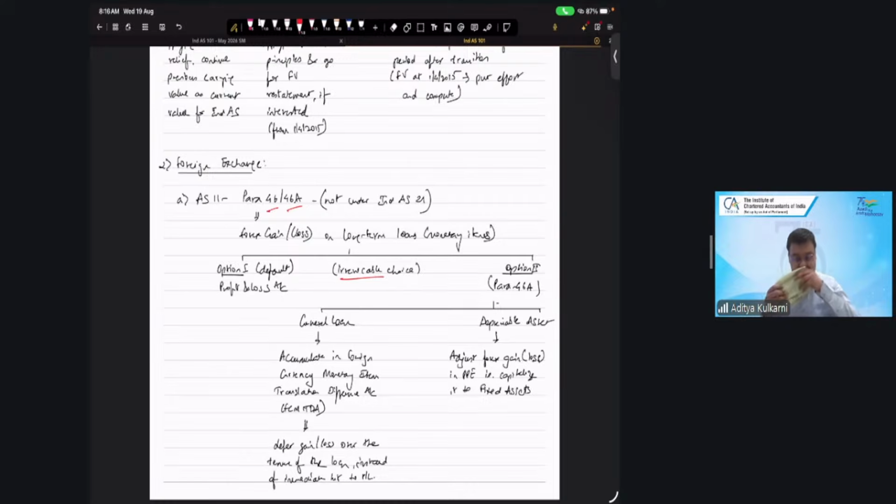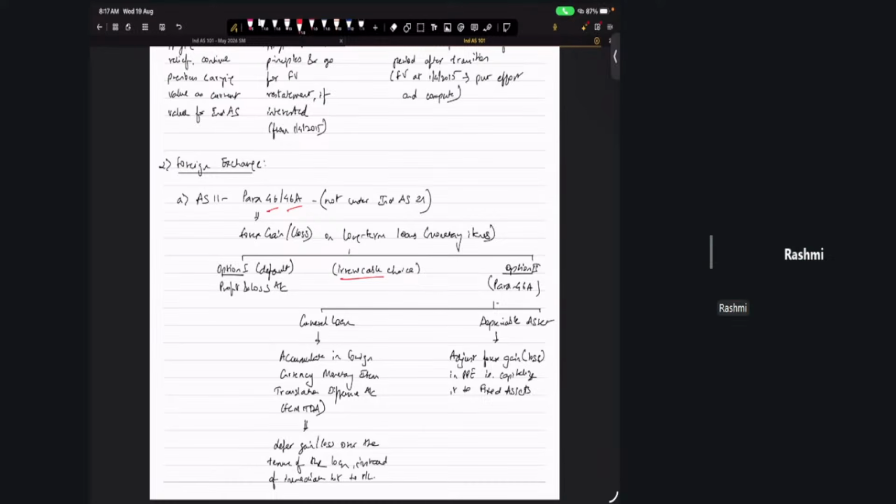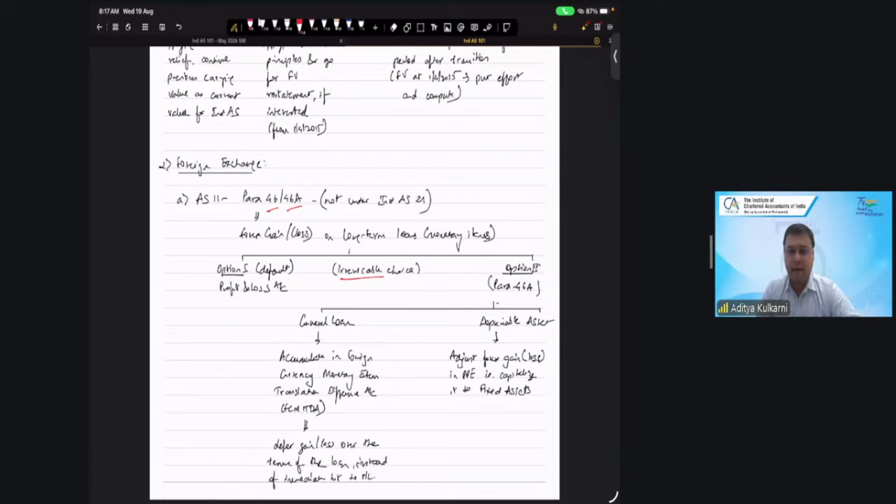rates fluctuated very violently. Rupee was performing very badly. So you had a lot of companies which had taken foreign currency borrowings. They took foreign currency borrowings because the rate of interest is very low on foreign currency borrowings.